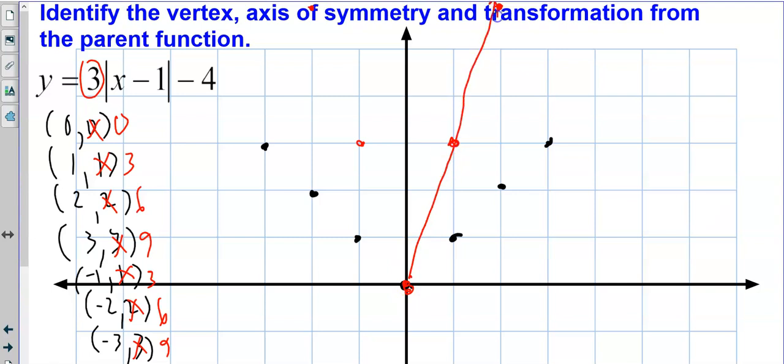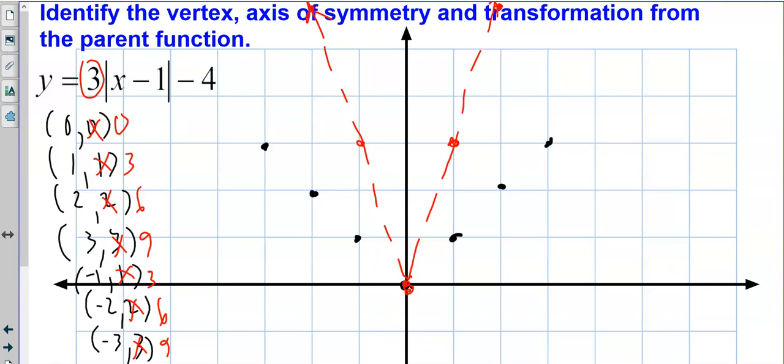I can't really graph any more points with this graph. It's going way up like that. That's kind of the look of this graph. It's quite a bit skinnier. It would have been a good idea to do that as a dotted line because that's not my final answer. I don't even have to connect those points, but I just want to see what it looks like. I wanted you to see that it definitely is getting skinnier here.